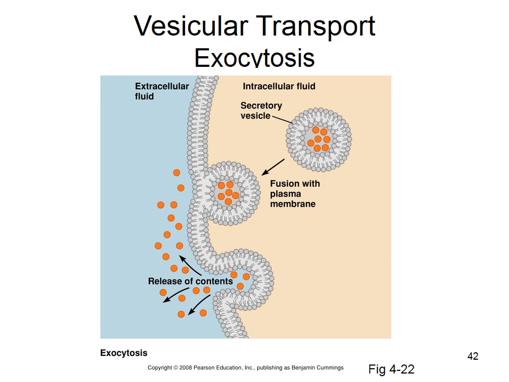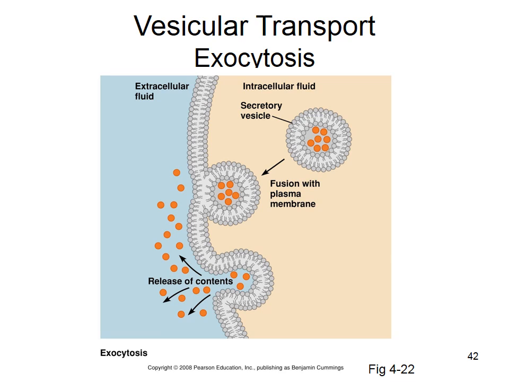So exocytosis, we have a secretory vesicle that is filled with molecules the cell wants to release to the extracellular fluid, right? And next week we're going to talk about neurons, and this is how neurons release all their neurotransmitters. Right? So those neurotransmitters are all water soluble, okay?